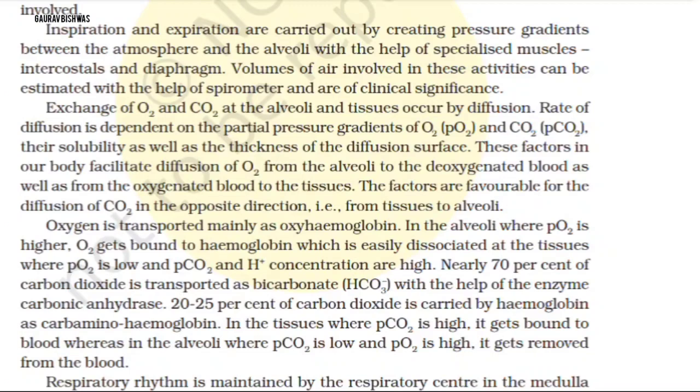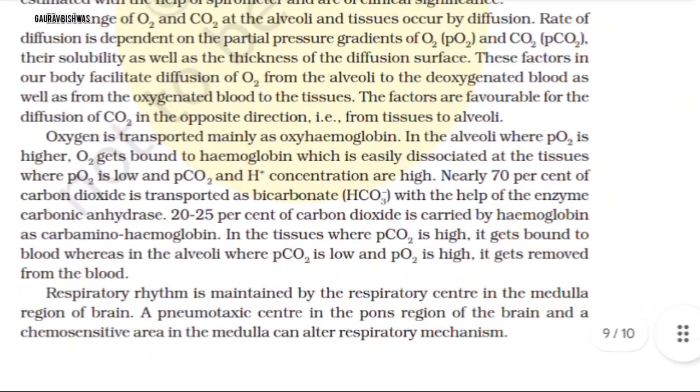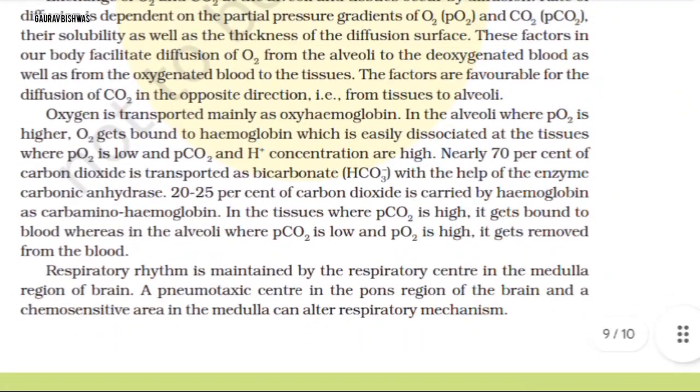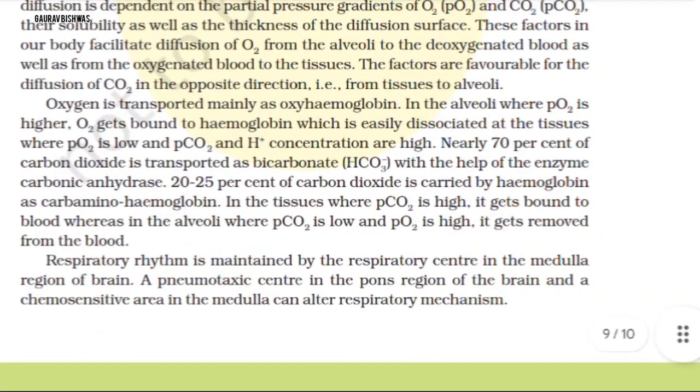The diffusion rate depends on the partial pressure gradient of O2 and CO2, their solubility, as well as the thickness of the diffusion surface. These factors in our body facilitate diffusion of oxygen from the alveoli to the deoxygenated blood as well as from the oxygenated blood to the tissue. These factors are also favorable for the diffusion of carbon dioxide in the opposite direction, from tissue to the alveoli.